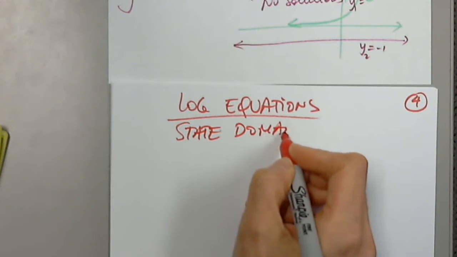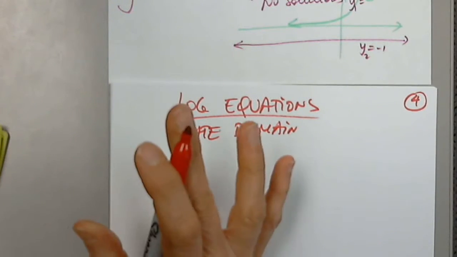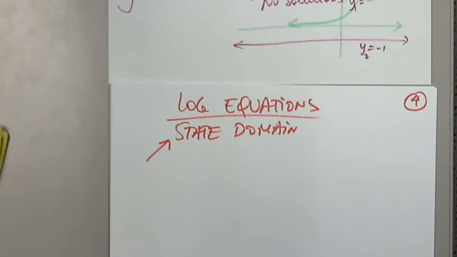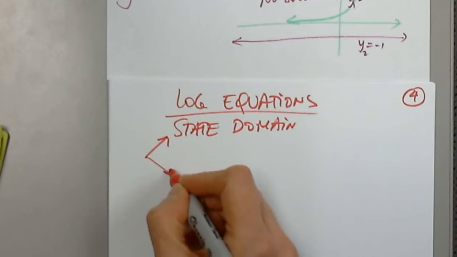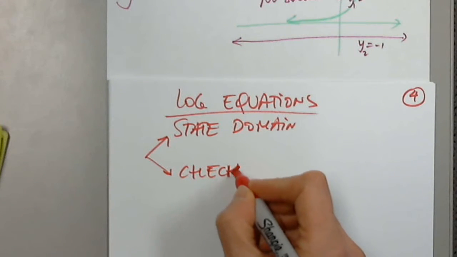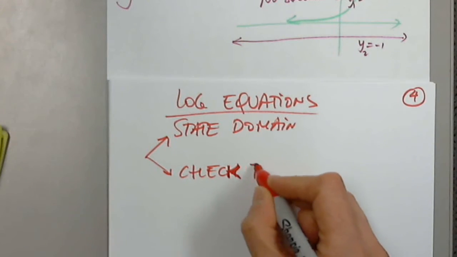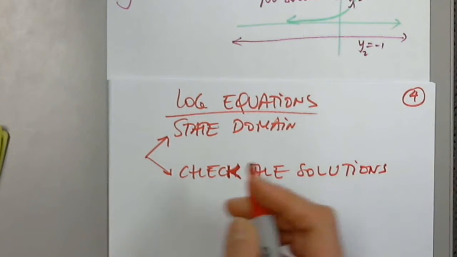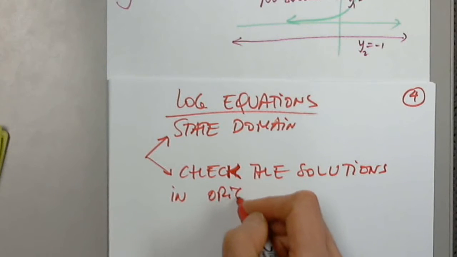State domain. This is one option. It's up to you which one you prefer. I'm fine with both. One of them is state domain, and the second option is check the solutions in the original problem.